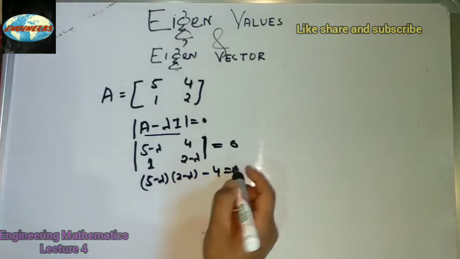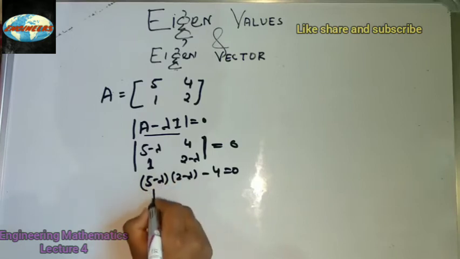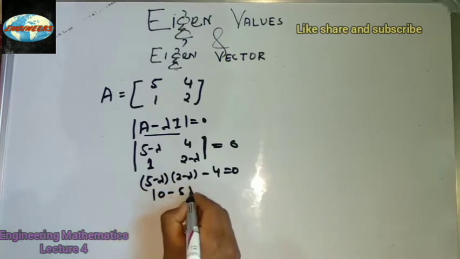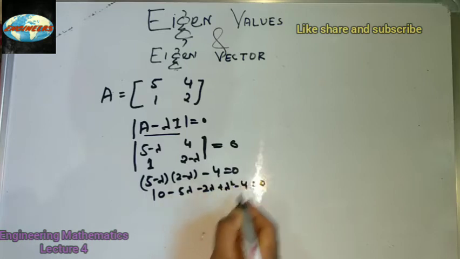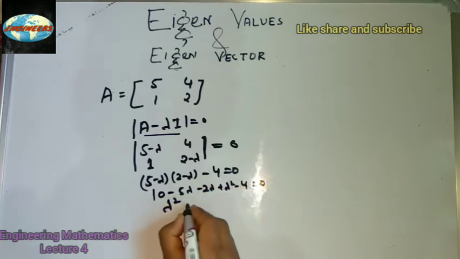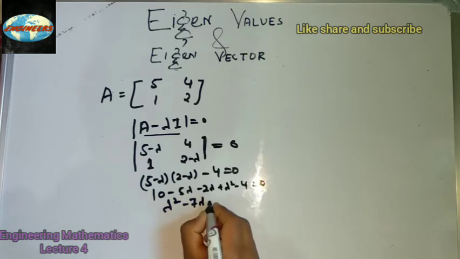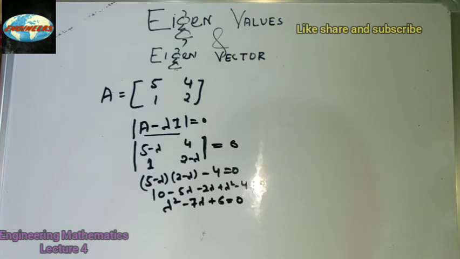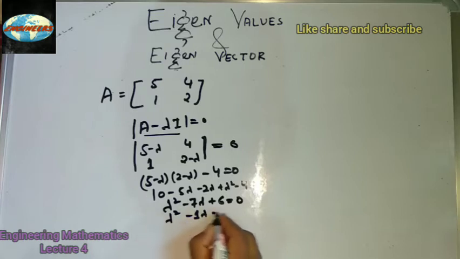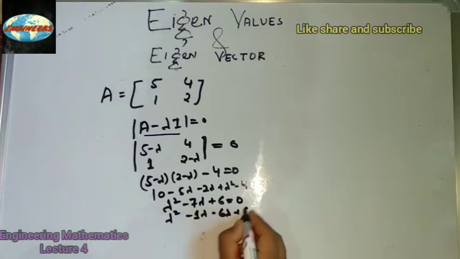That is 10 minus 5 lambda minus 2 lambda plus lambda square minus 4 is equal to 0, so lambda square minus 7 lambda plus 6 is equal to 0. Separating the middle term: lambda square minus 1 lambda minus 6 lambda plus 6 is equal to 0.